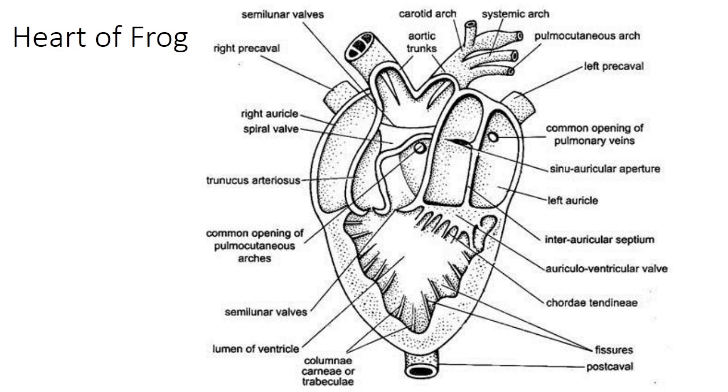So contraction is termed systole and relaxation is termed diastole. There's a sequence of events that takes place, whereby the valves also play a major role, preventing the backflow of blood.